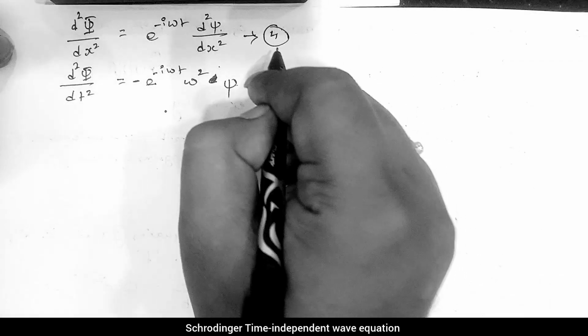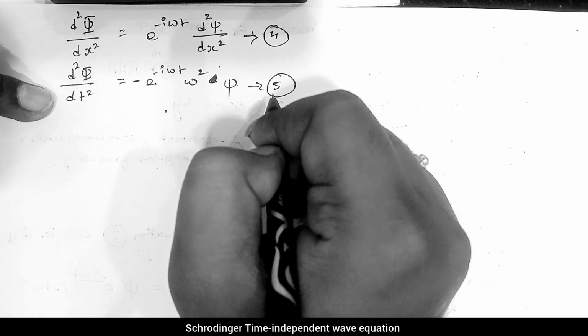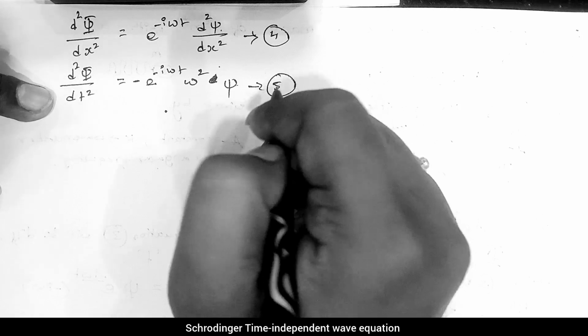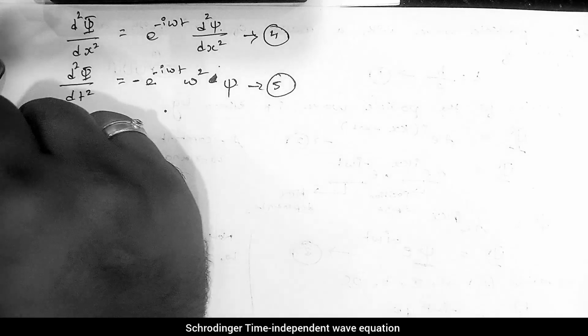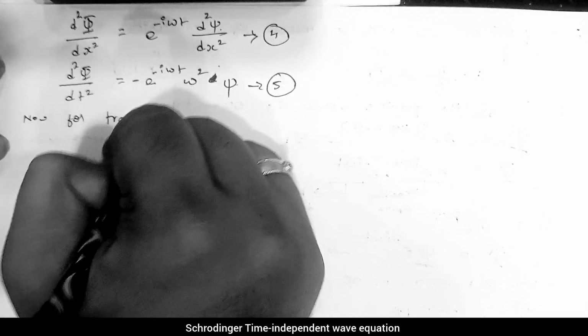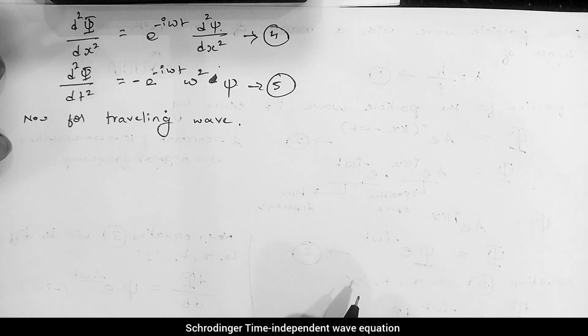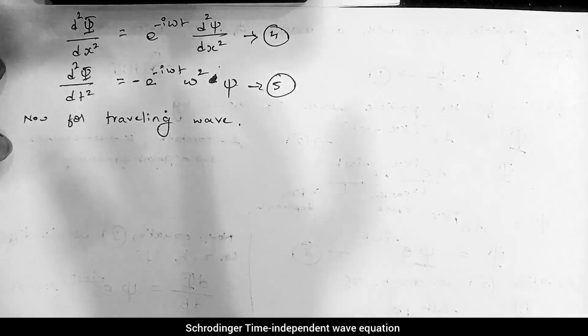Now we have equation 4 and equation 5, which have been differentiated with respect to x and with respect to time. Now for a traveling wave, meaning any particle which is in motion. Since my particle wave is also a traveling wave, it should obey a condition. What is the condition?